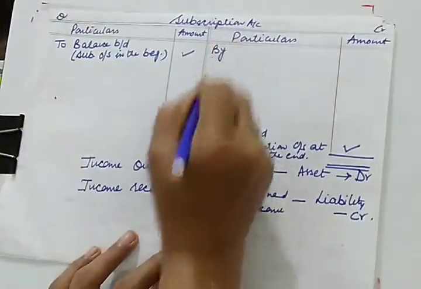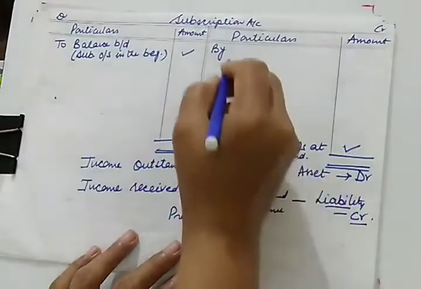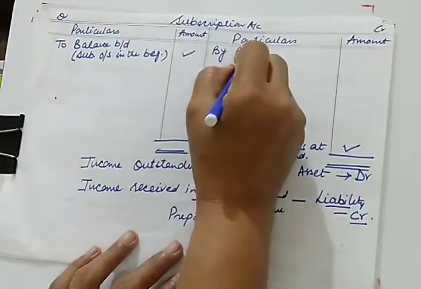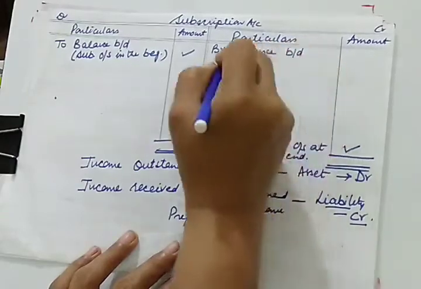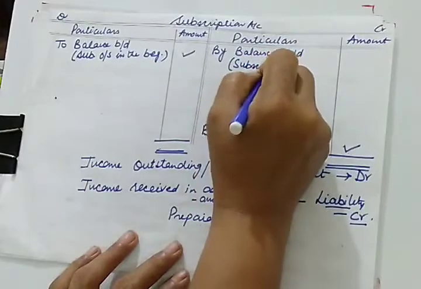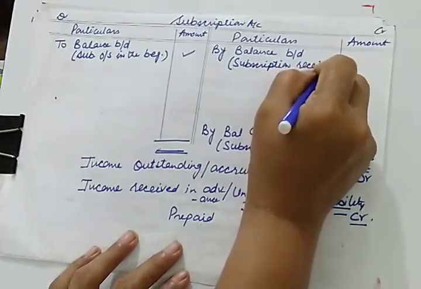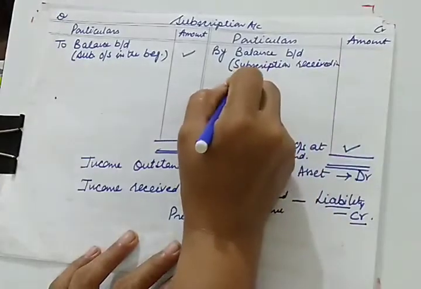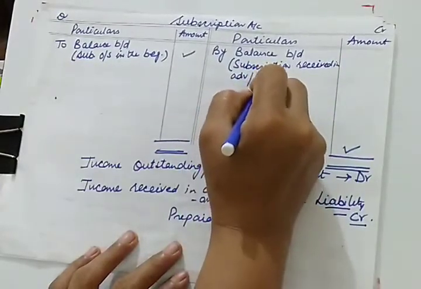And I know that subscription received in advance is my liability, and the opening balance of liability will be written on the credit side. So here I'll be writing subscription received in advance, or what is the exact word used according to the numericals?